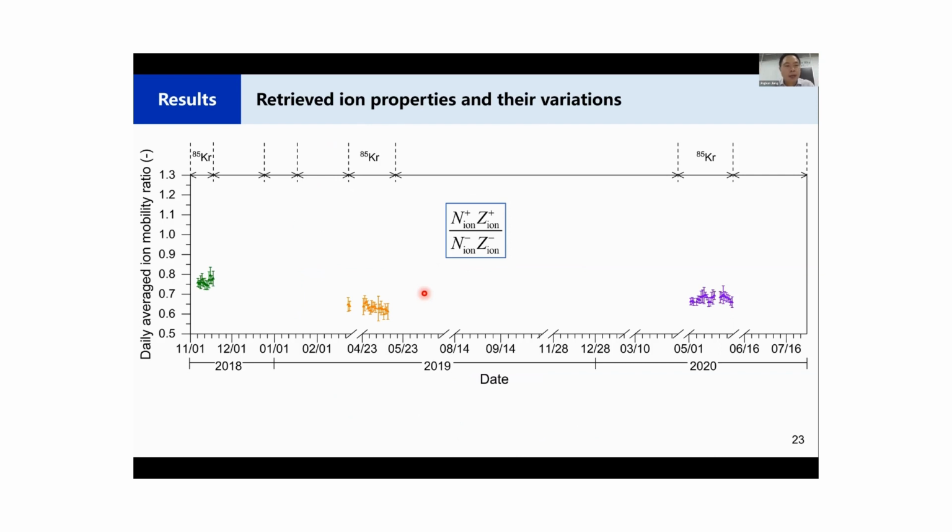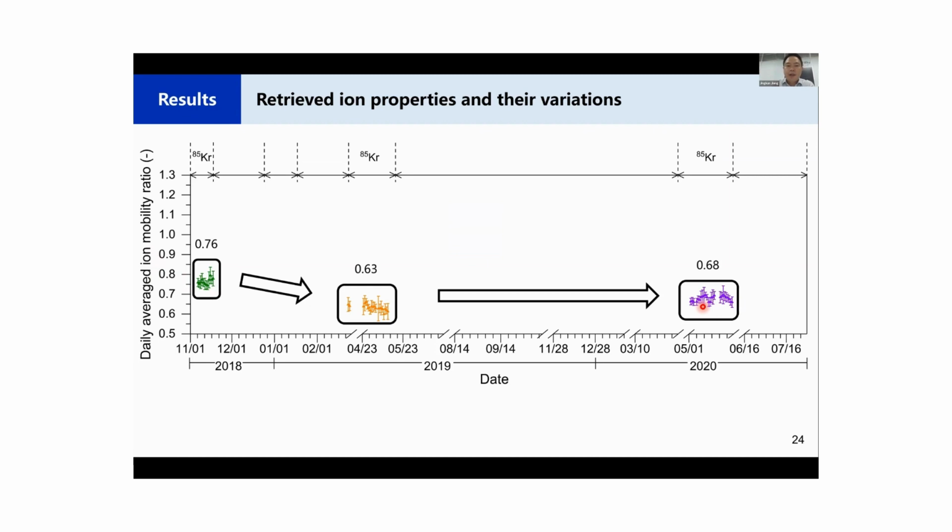Next, we look at the changing of ion properties as time progresses. The first one is for krypton 85. The one we have for this study is pretty old compared to its half-life. The typical half-life of krypton 85 is 10.8 years. So as time progresses, we see the retrieved ion mobility ratio actually show deviations, as shown here, from 0.76 and fluctuating around these values.